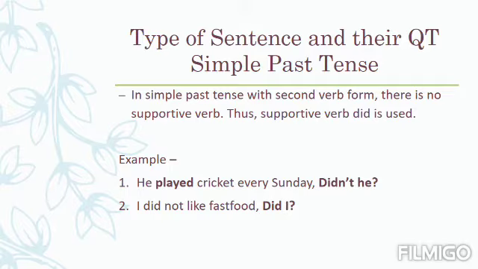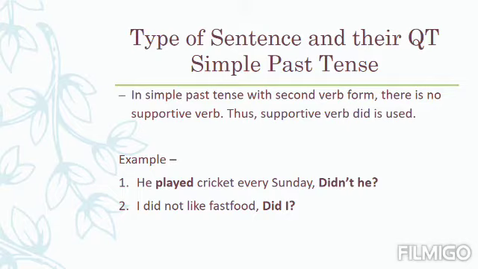So here, as a supportive verb, we shall use did. So first of all, we put here did. The statement he played cricket every Sunday is positive, its question tag will become negative. So did not. And here, in the statement, the subject given is he. So did not he. The final question tag will become didn't he.